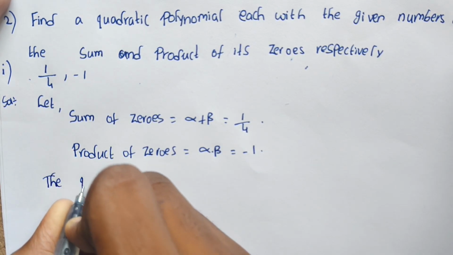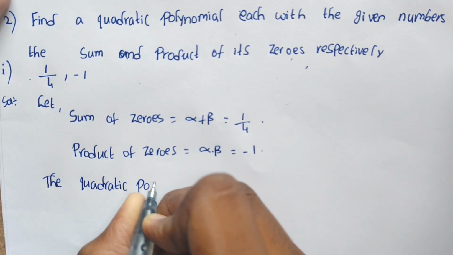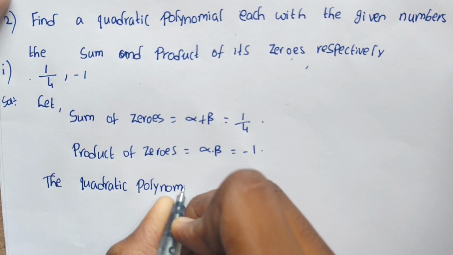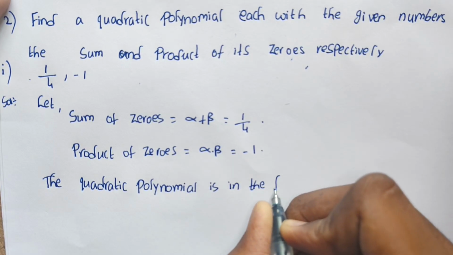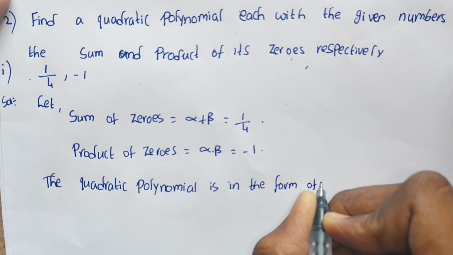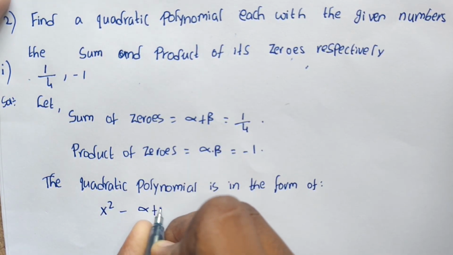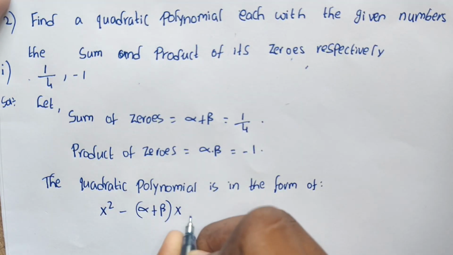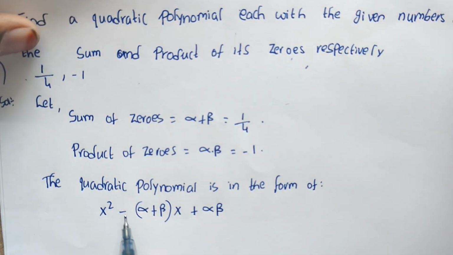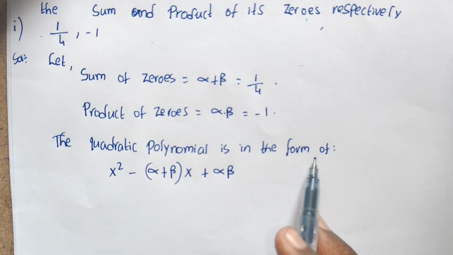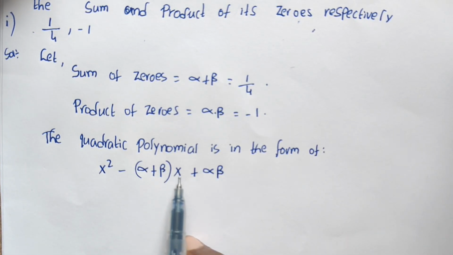The quadratic polynomial is in the form of x square minus (alpha plus beta) into x plus alpha beta, which means alpha into beta.